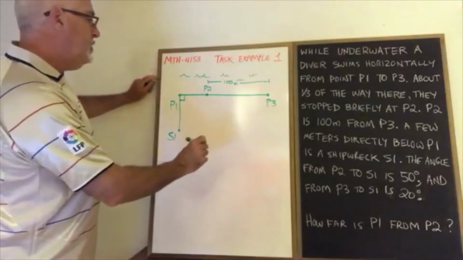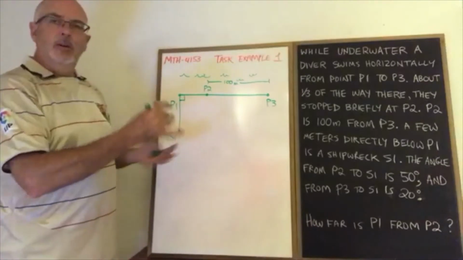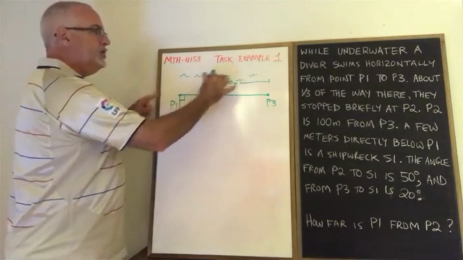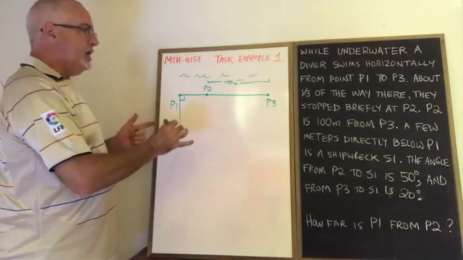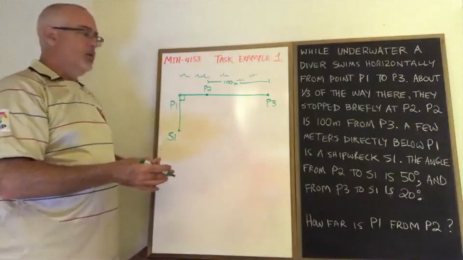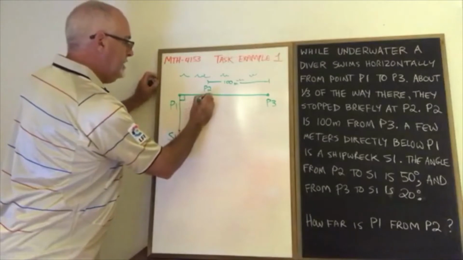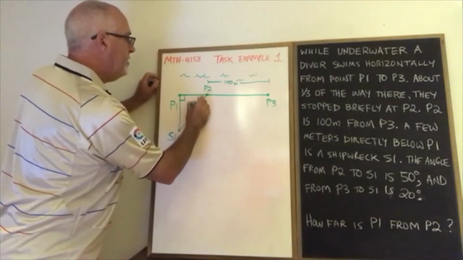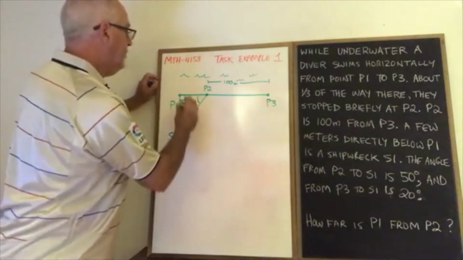The angle from P2 to S1, now that's where students seem to get confused. If they didn't do a good job drawing the instructions up to this point, they end up drawing an angle that really doesn't match the situation very well. So P2 to S1, I'm going to connect them with a straight line, and I'm going to mark that angle, and they say it's 50 degrees.